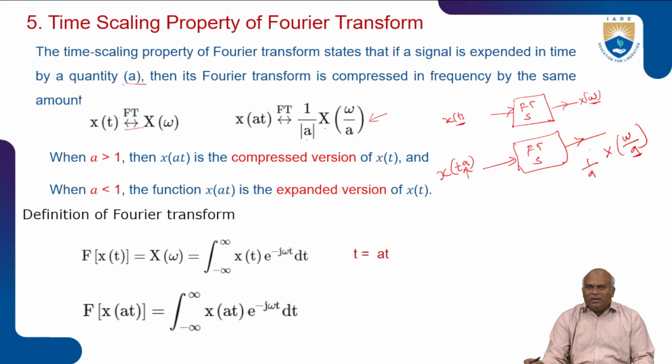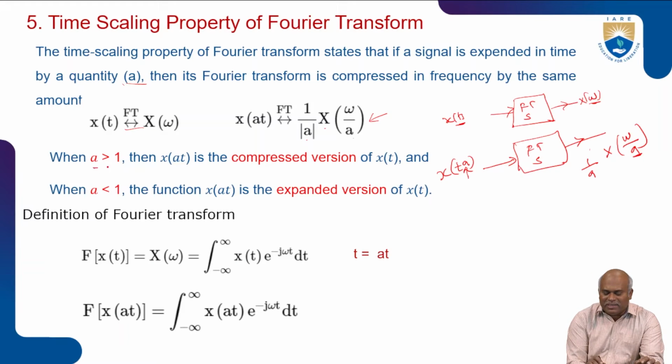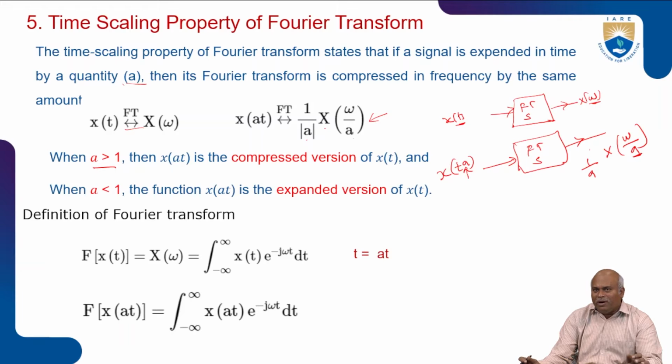Now we take the value of a. When a is greater than 1, then x of a t is a compressed version of x of t. That means the frequency on the output side is getting compressed.